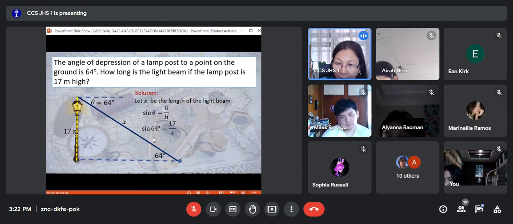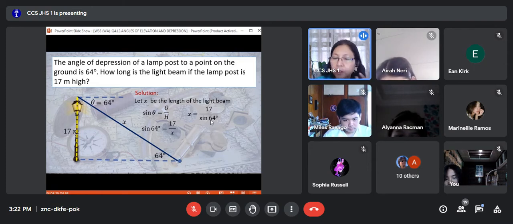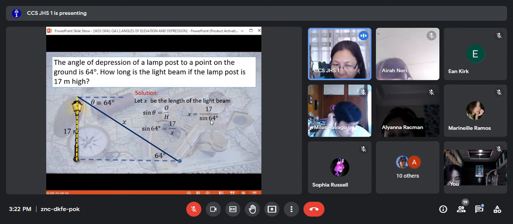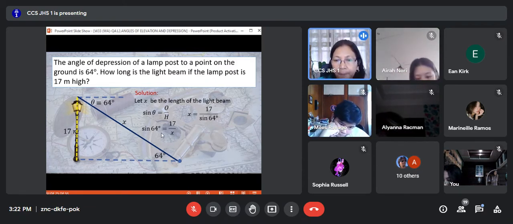So we can interchange that. What is this? The extremes. So that will be x equals 17 over sine 64 degrees, using the properties of proportion that we can interchange the extremes or the means. Now, what is our x?